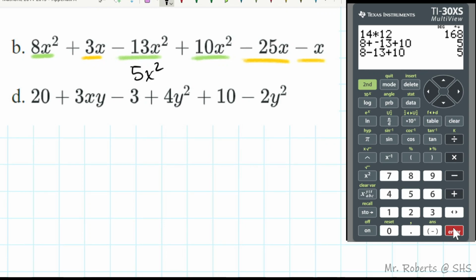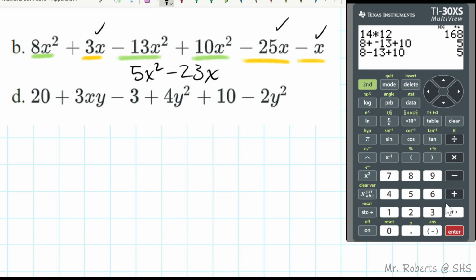And then in terms of my x's, there's a positive 3x. There's a negative x, which is going to make that 2x positive. And then there's a negative 25, which should leave me at negative 23x. I think that's right.